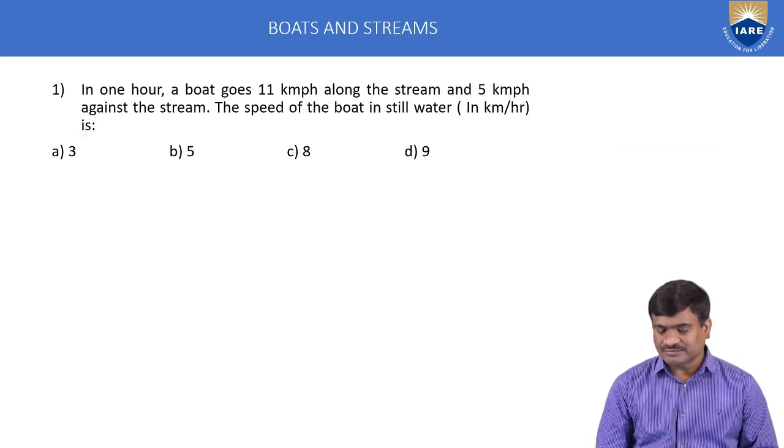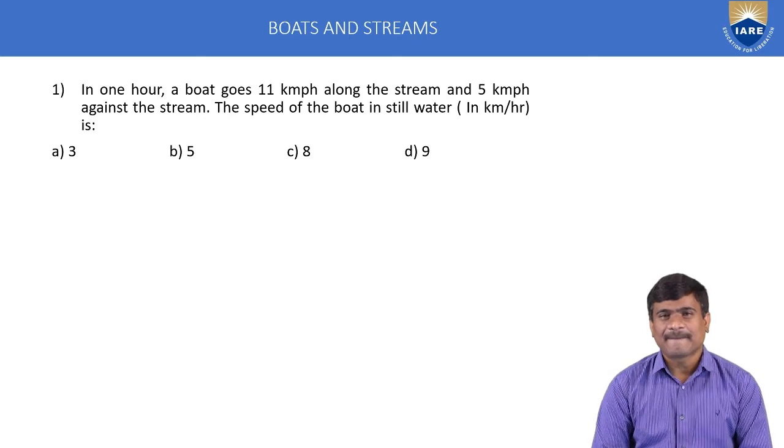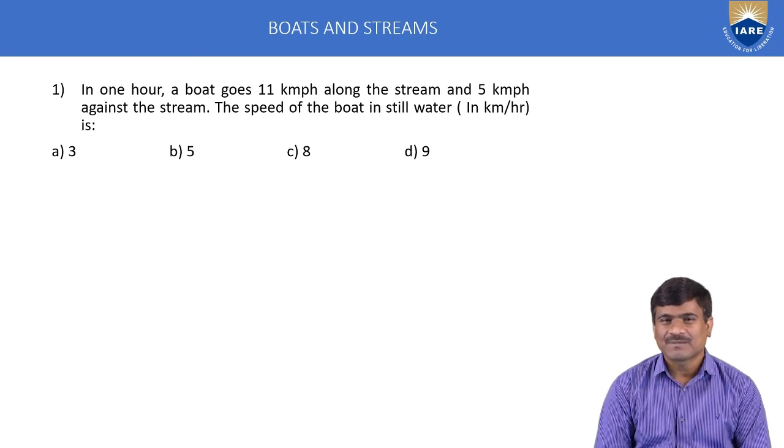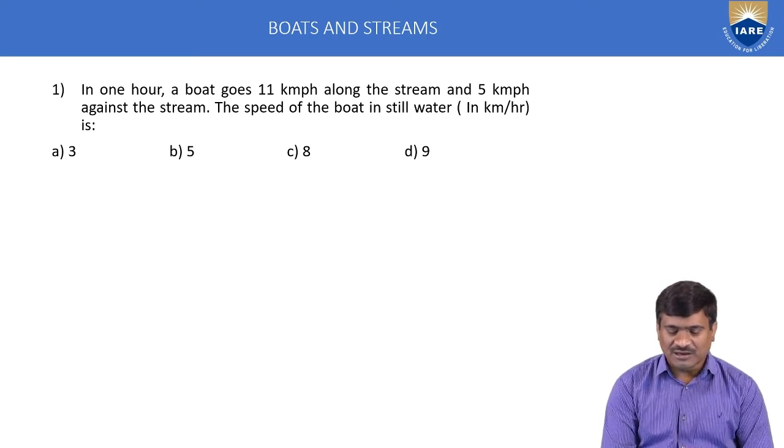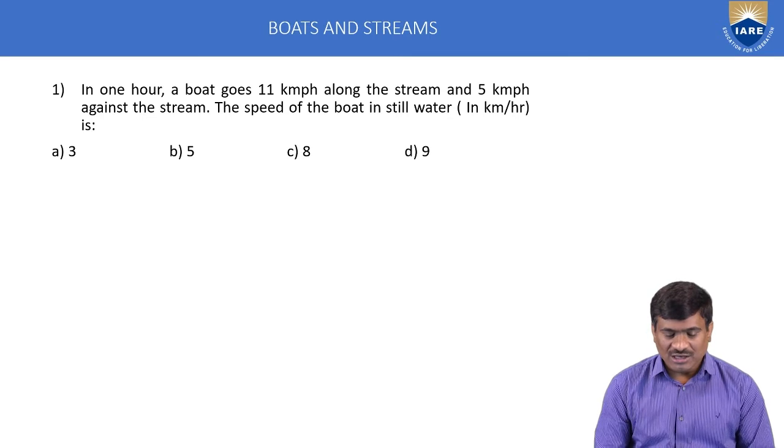Next part, examples. Sample examples in the boat and stream topic. The first statement: in 1 hour, a boat goes 11 km along the stream and 5 km against the stream.